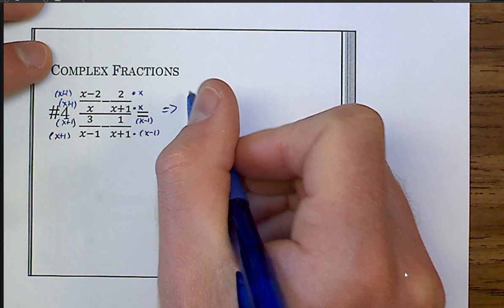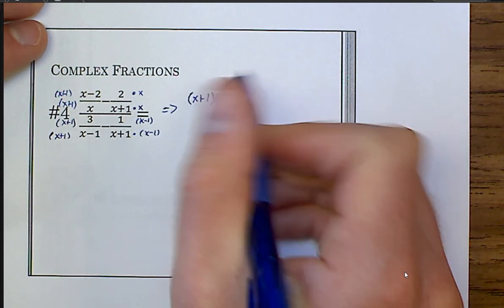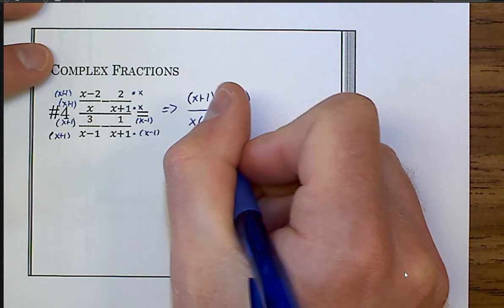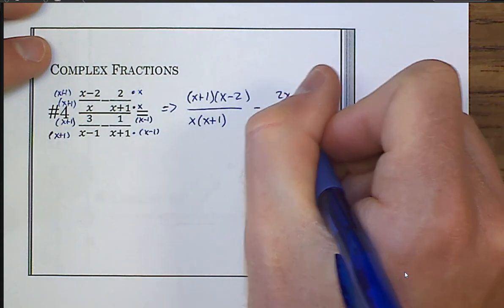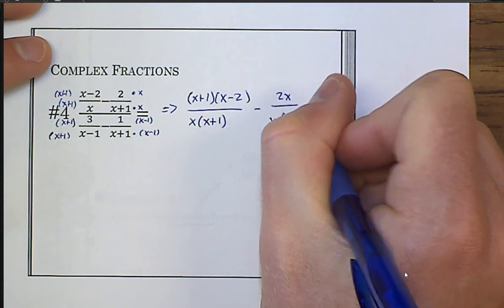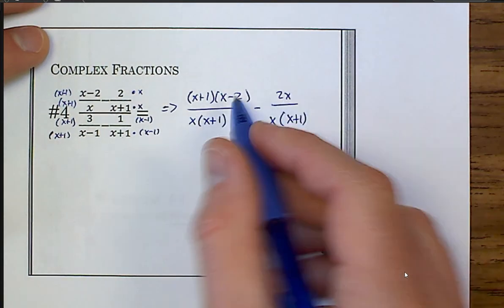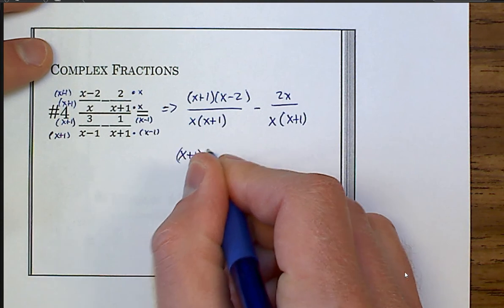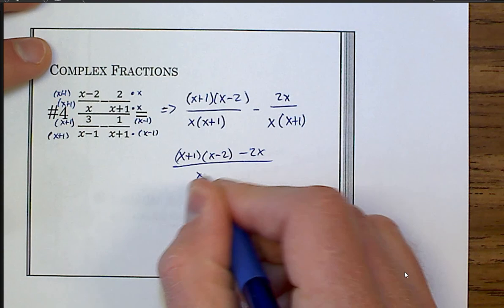I'm just going to leave this as x plus 1 times x minus 2 over x times x plus 1, minus 2x over x times x plus 1. So on the numerator, I basically have x plus 1, x minus 2, minus 2x over x times x plus 1.